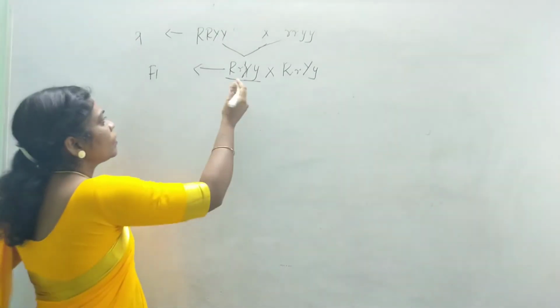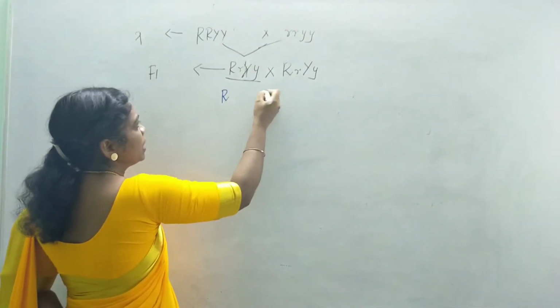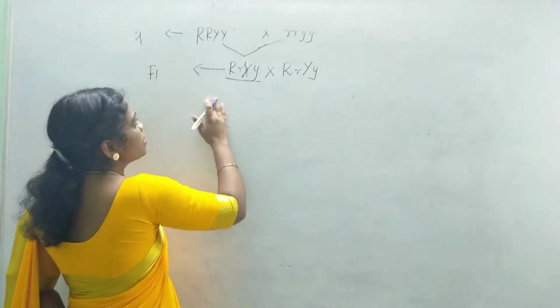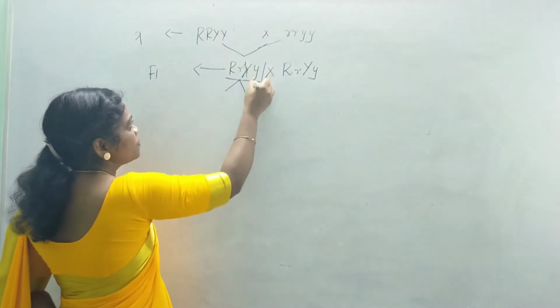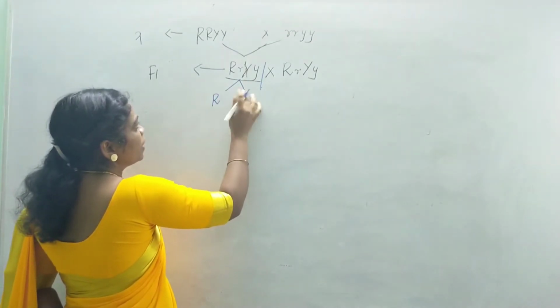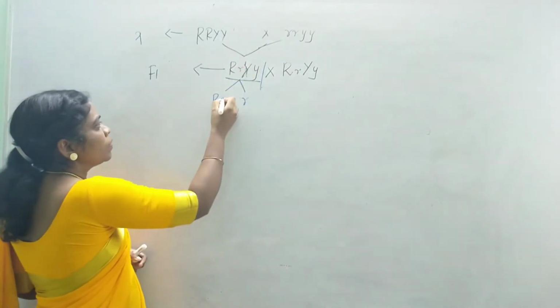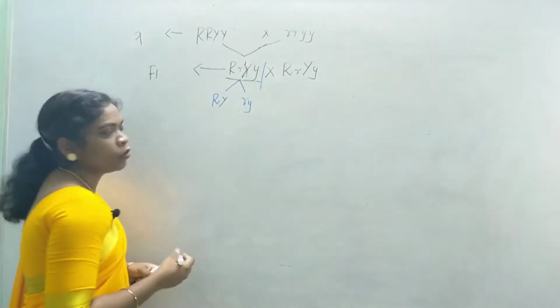Remember, the gametes produced from this particular one will contain capital R, and the other one will contain small r. One capital Y comes here, one small y goes here.